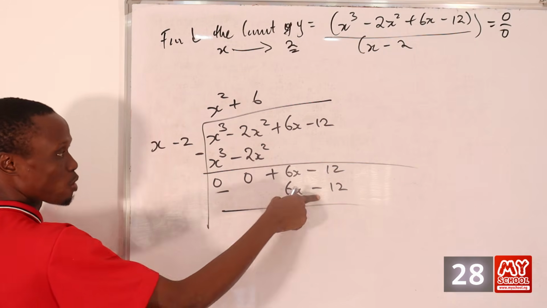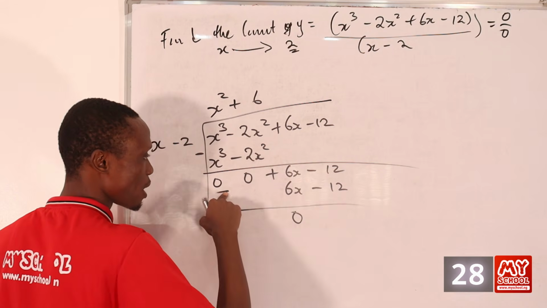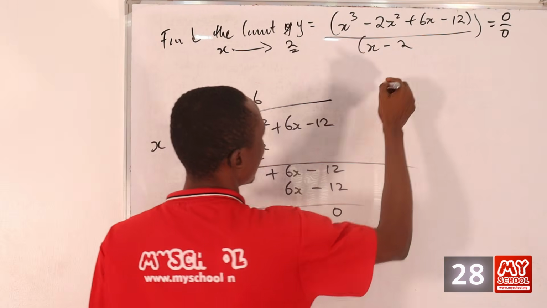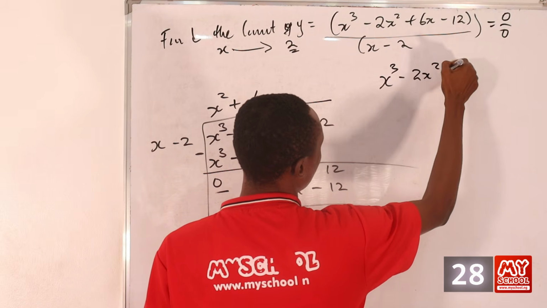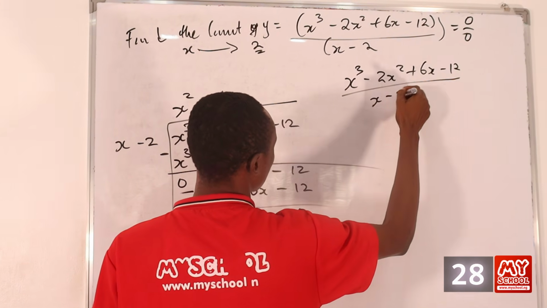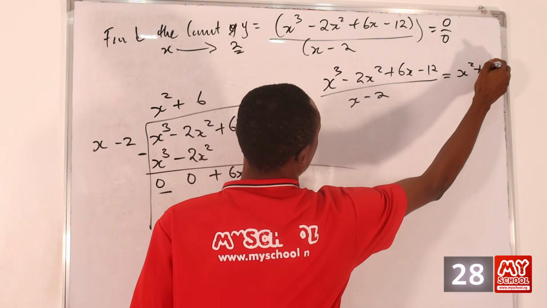Remember that minus will always change to plus, so minus 12 plus 12 also gives us 0. That is to say, when x cubed minus 2x squared plus 6x minus 12 is divided by x minus 2, the answer is x squared plus 6.